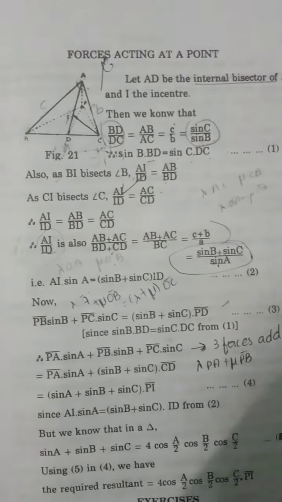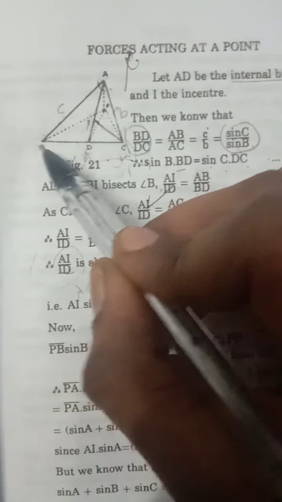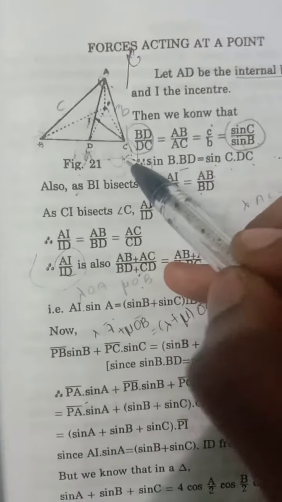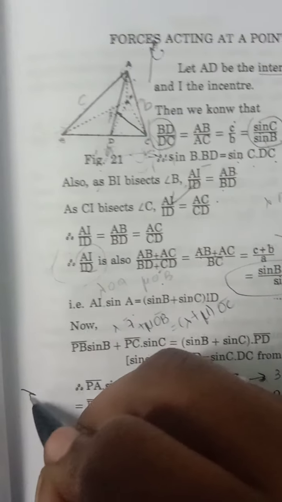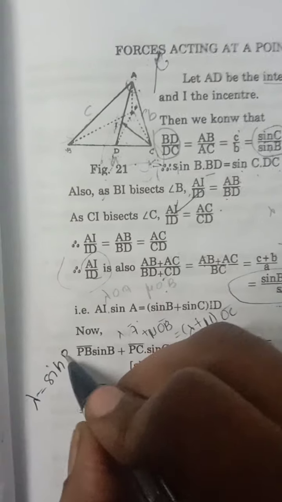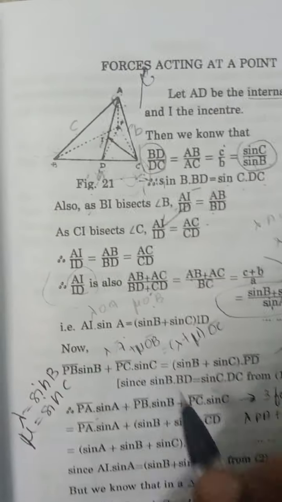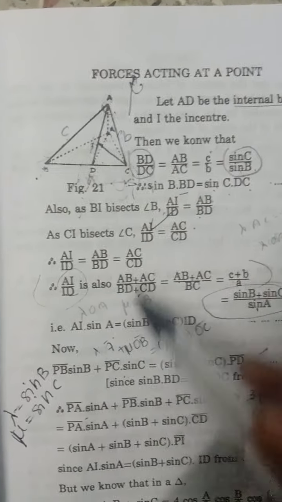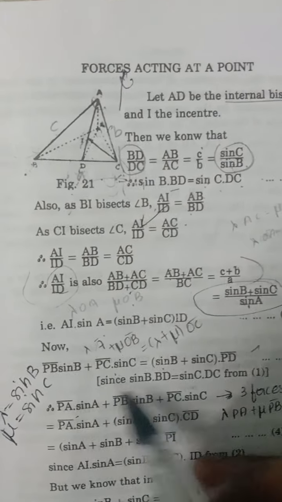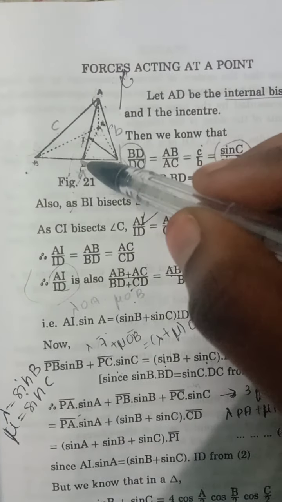The extended form can be written as PB sin B plus PC sin C, where lambda equals sin B and mu equals sin C. So PB sin B plus PC sin C equals lambda plus mu, that is sin B plus sin C, times PD. Here AD is the internal bisector.